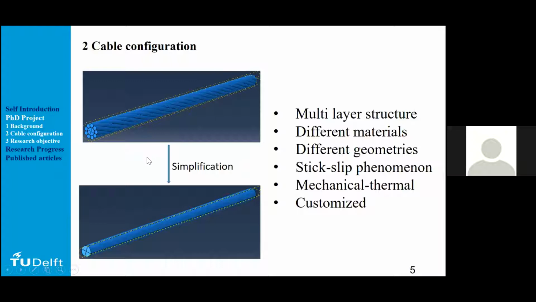So whether this simplification is correct, or whether it is reasonable as compared with a real cable, deserves more attention. And then the third problem is the stick-slip phenomenon, because the power cable is unbonded between each component. When the friction force reaches its maximum dynamic friction force, the stick-slip phenomenon would appear within the cable. And the fourth problem is the mechanical-thermal problem.